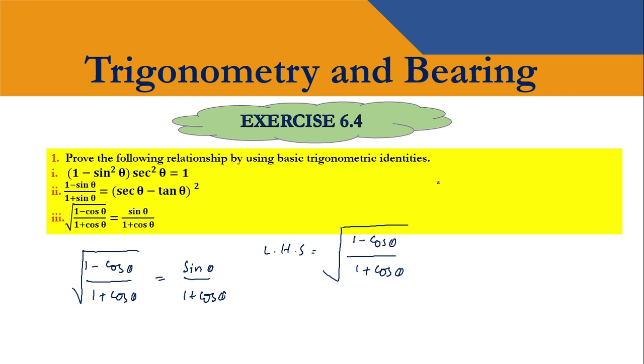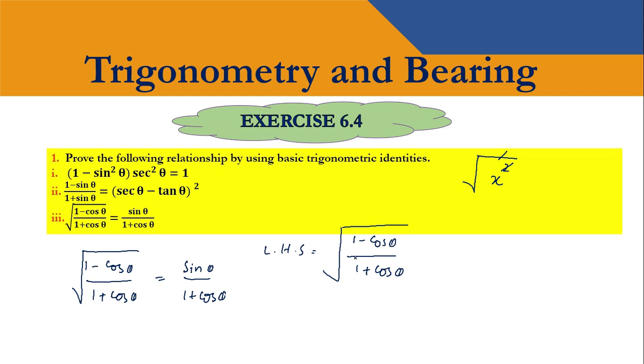The easiest way to get rid of under root sign is that if there is an under root sign and below there is a variable with a squared value, then under root will cancel itself. So here the expression is not a square. So somehow try to convert this expression into a squared expression.